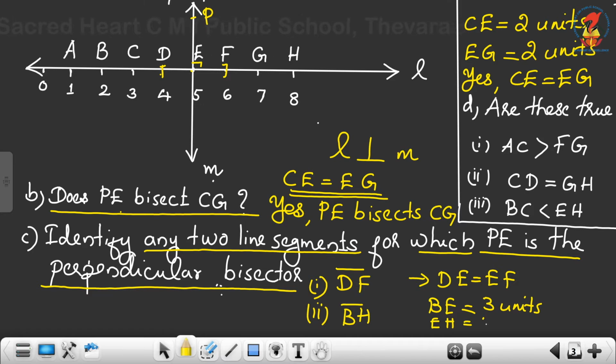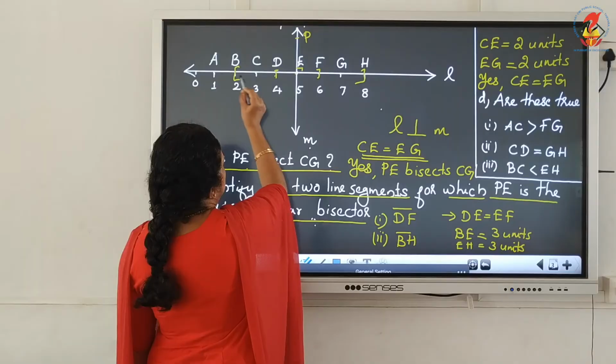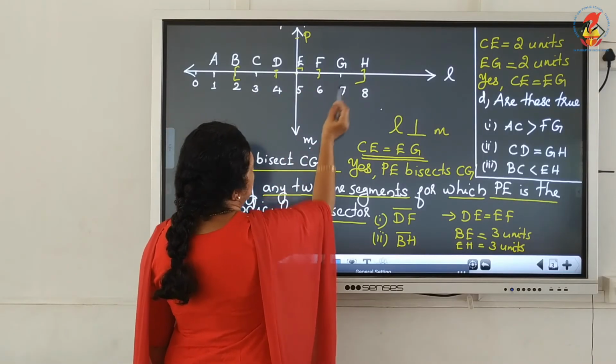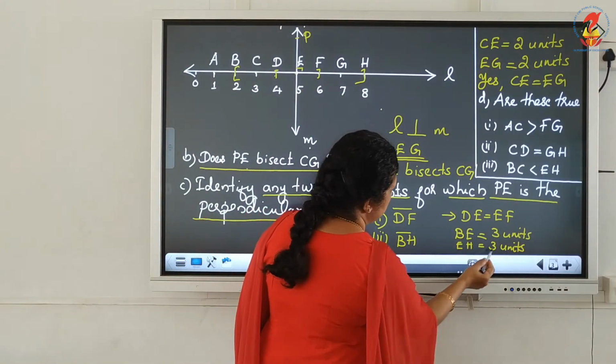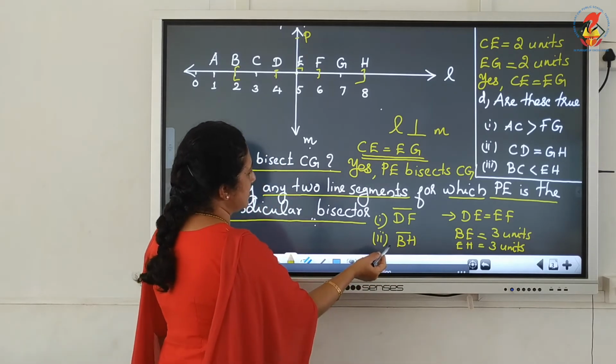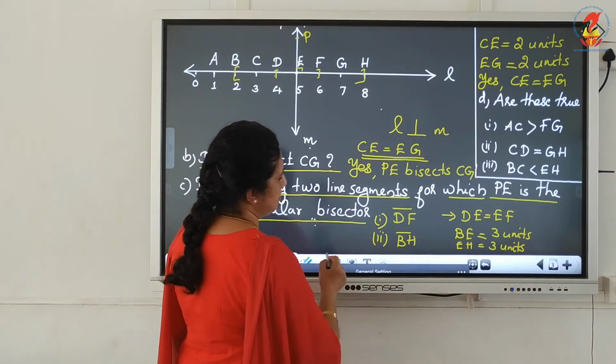Therefore, EH is also equal to 3 units. So, if you consider the line segment BH, BE is equal to EH. So, we can consider the next line segment as BH.